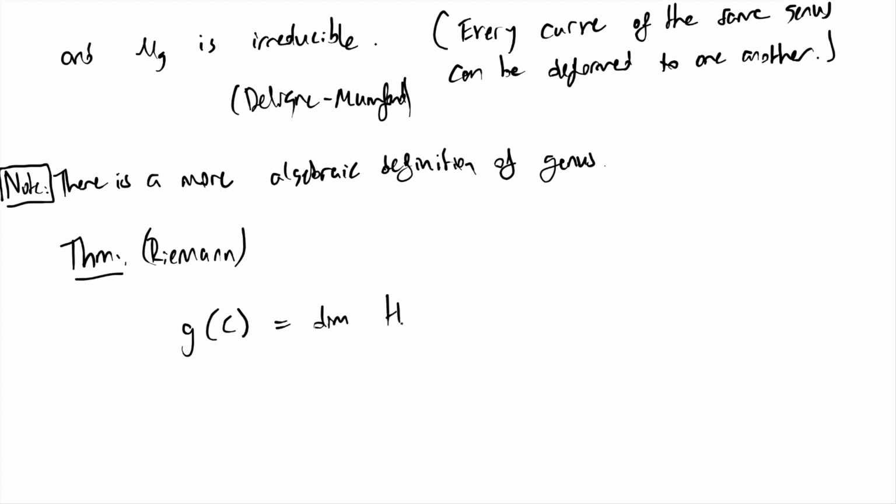He says that the genus is the dimension of a particular vector space, and this vector space is the space of global sections of the cotangent bundle of the curve. So in the next lectures, we will talk about this object, the cotangent bundle and its sections. But in particular, this construction is well defined even if C is defined over an arbitrary field.